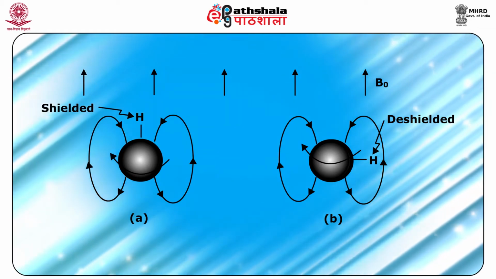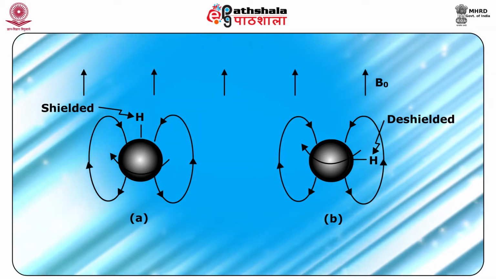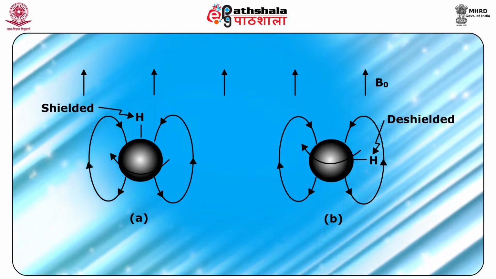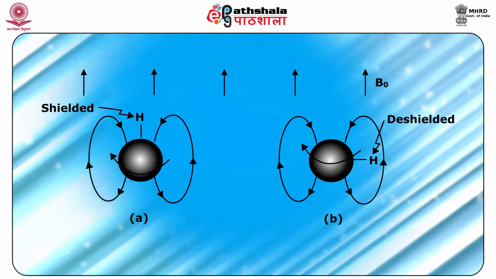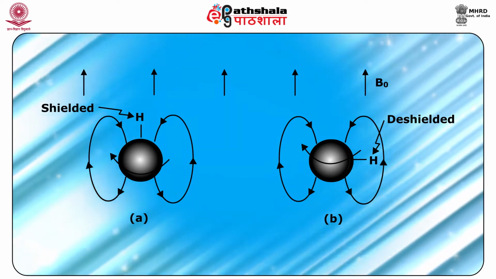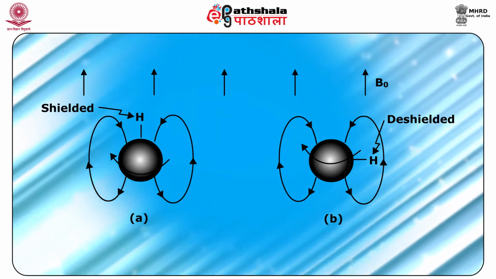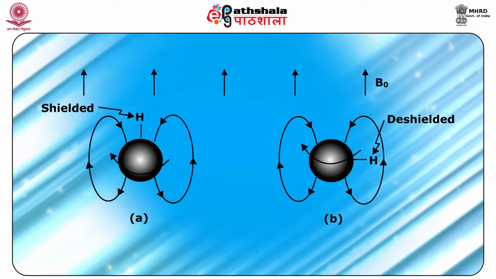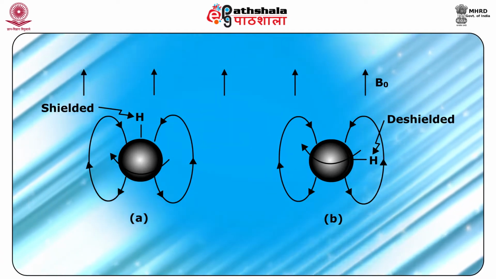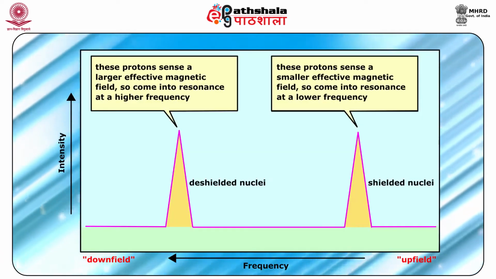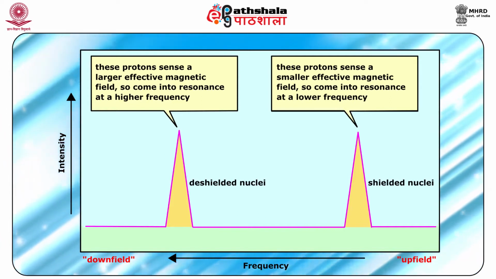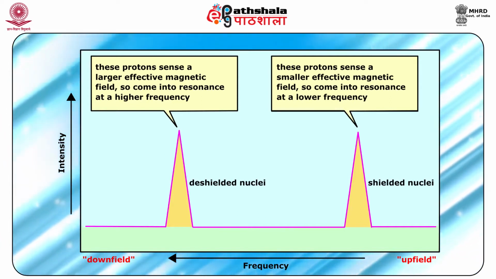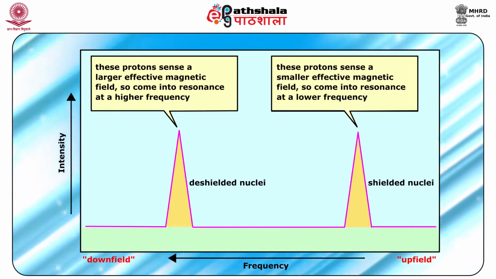Such a proton is said to be de-shielded. This type of shielding is called paramagnetic shielding. This can be easily seen in the figure where you can see the de-shielded and the shielded proton. And you can also see the downfield and the upfield values of de-shielded and shielded nuclei.